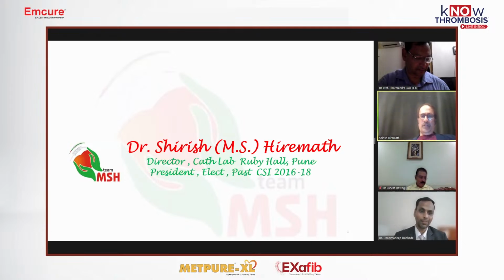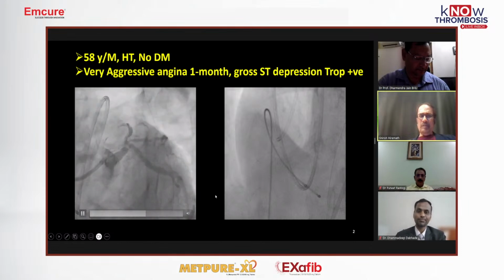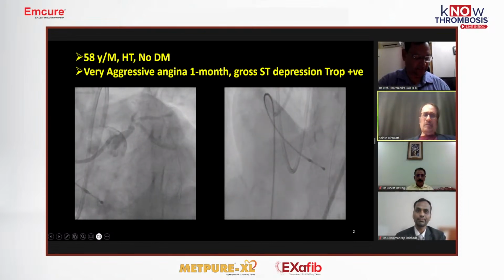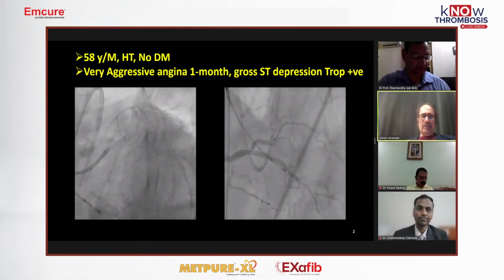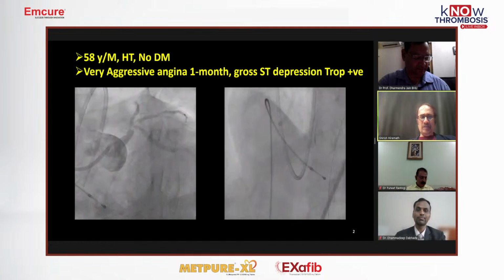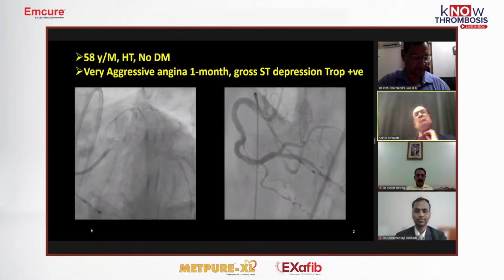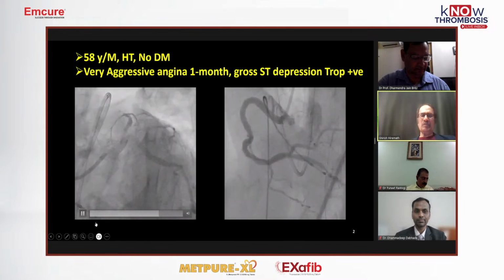All right, so we go ahead with my case. We have about 20 minutes. So this gentleman was 58 years old. He is hypertensive, but luckily no diabetes. And he has had very aggressive angina in the last month and a little more, so about 6 to 8 weeks of angina.